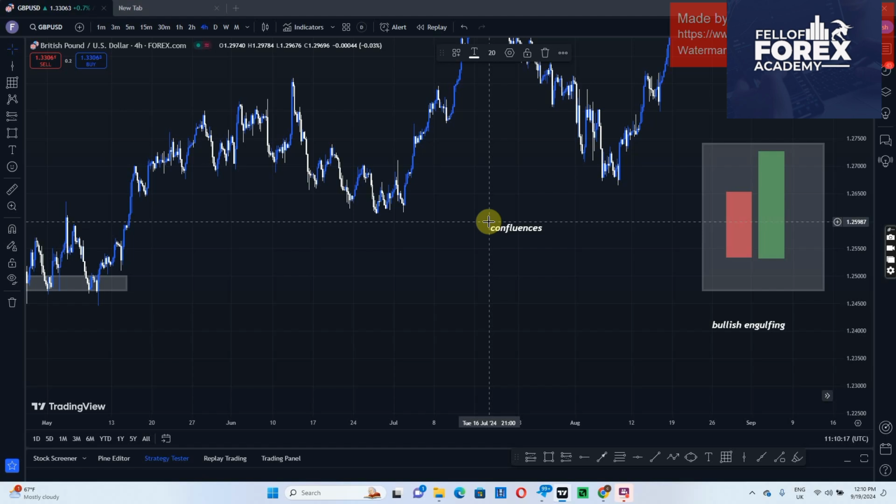Okay, so the first confluence we are looking for is 1, bullish engulfing. We have 2, resistance.